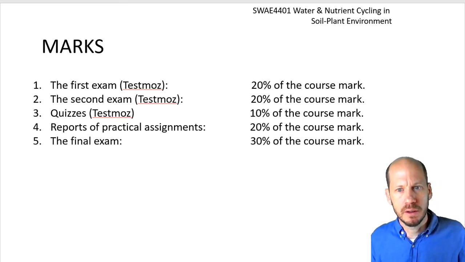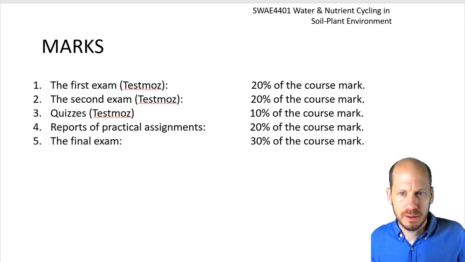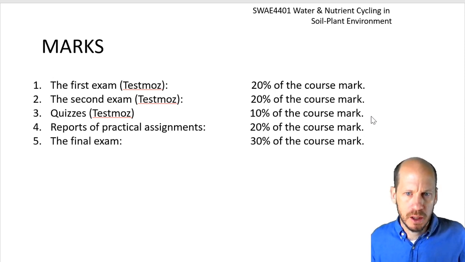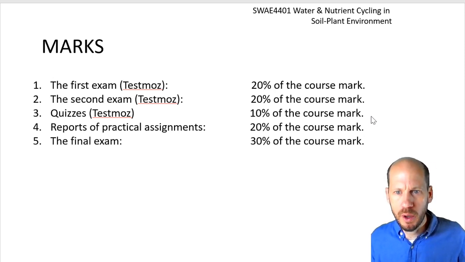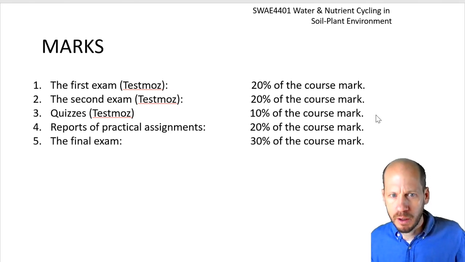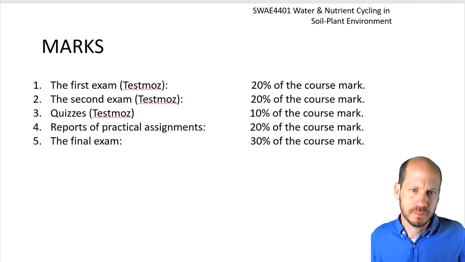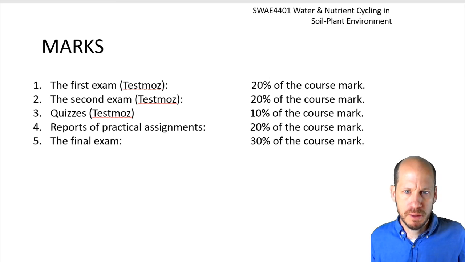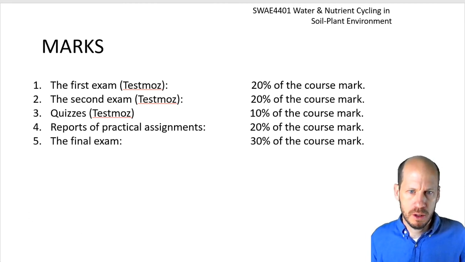They should not be a big burden on the student, and are more a way of helping the student with the overall mark at the end of the semester. The reports and practical assignments are 20% of the course mark, and the final exam will be 30% of the course marks.